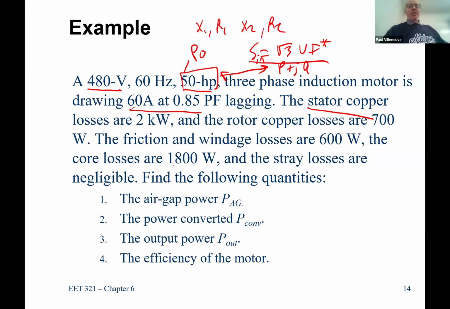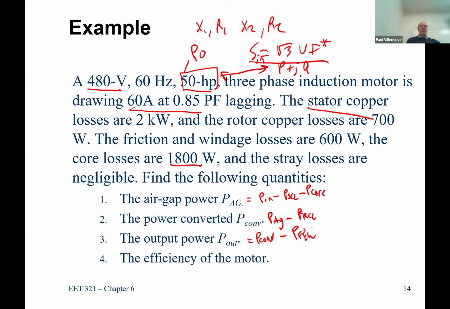Actually, I've got to take core losses out first to get air gap power. So my air gap power is going to be equal to P in, let's just write it down, minus P stator copper loss minus the core losses. My converted power is going to be equal to my air gap power minus my rotor copper loss power. My output power is going to be equal to my converted power minus my friction and windage losses.